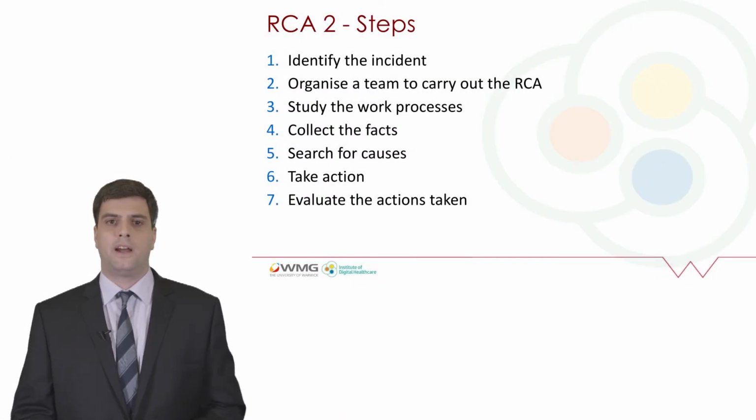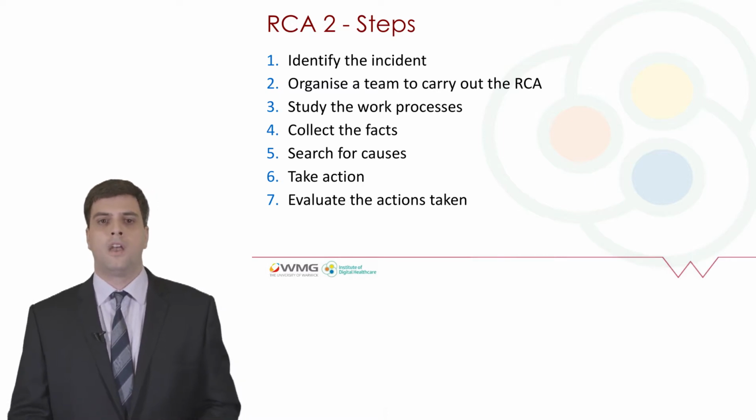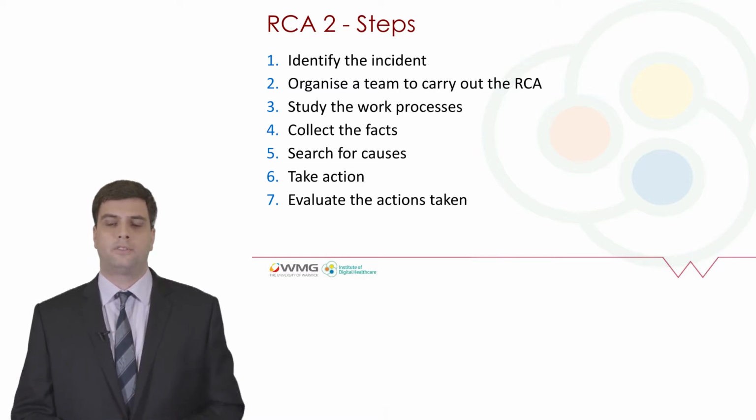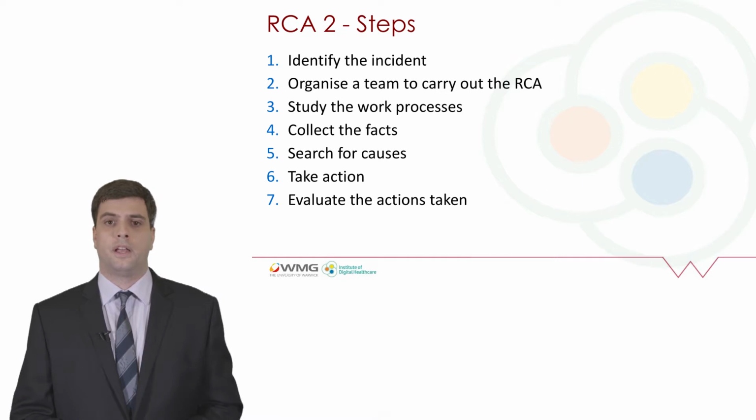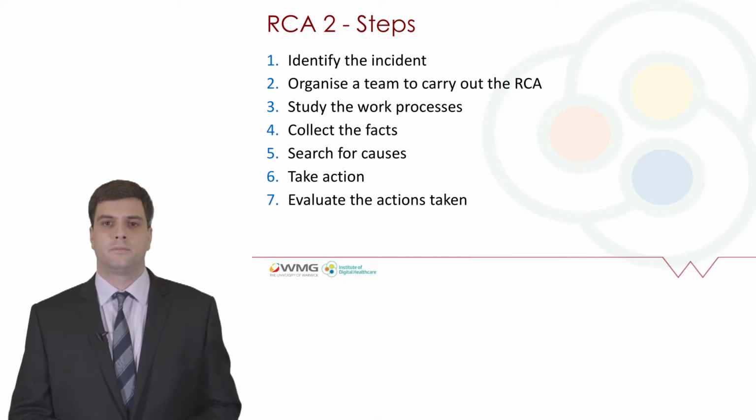In order to apply RCA, we need to identify the incident, which will also shape the scope of the analysis, organize a team to carry out the RCA by picking the appropriate stakeholders that will be part of the team, study the work processes or the operation of the service, collect facts about what has happened and then search for causes.